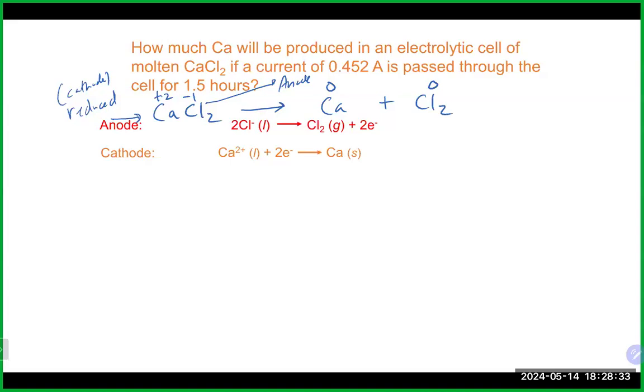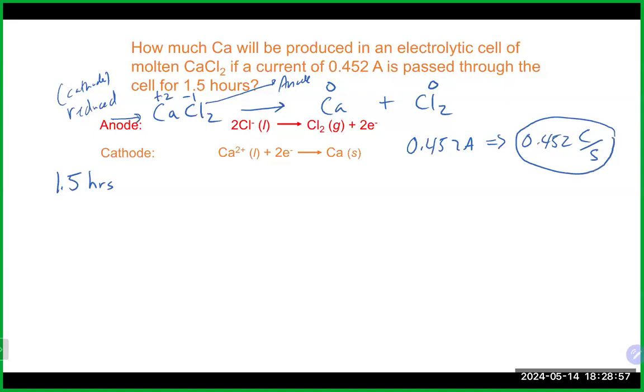All right, so let's talk about how we want to do this calculation. We know we're going to run this for 1.5 hours. We have a 0.452 amperage, which is the same as 0.452 coulombs per second. I'm changing my amperage into those units so that things cancel out correctly.